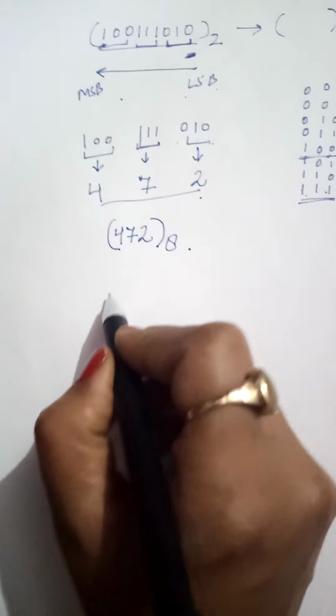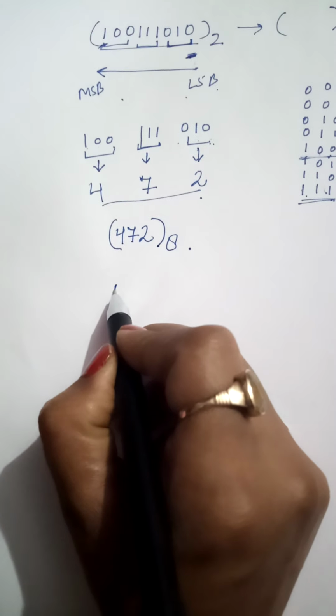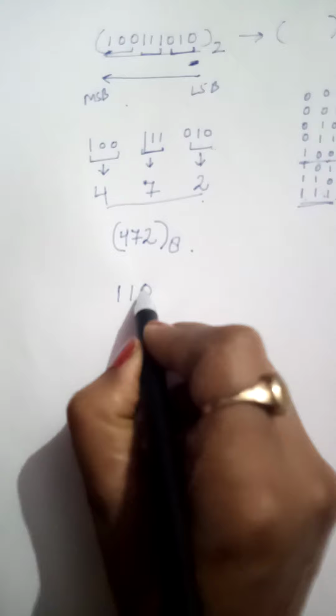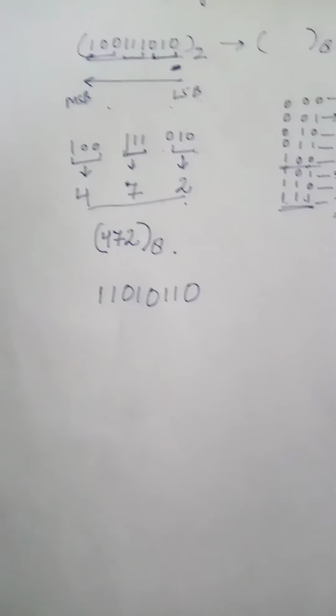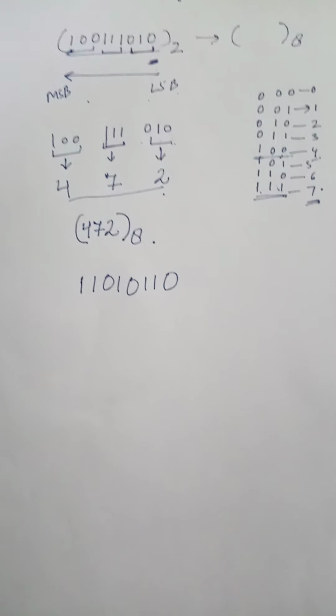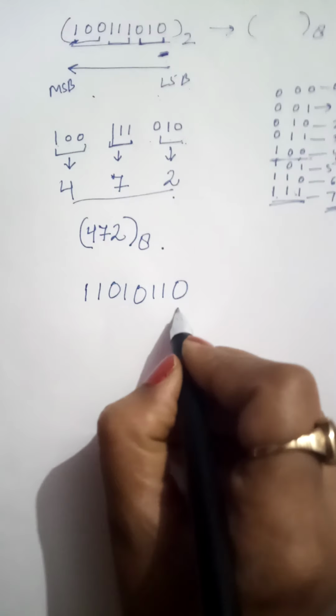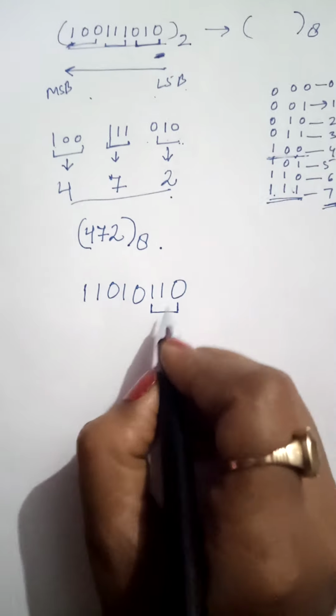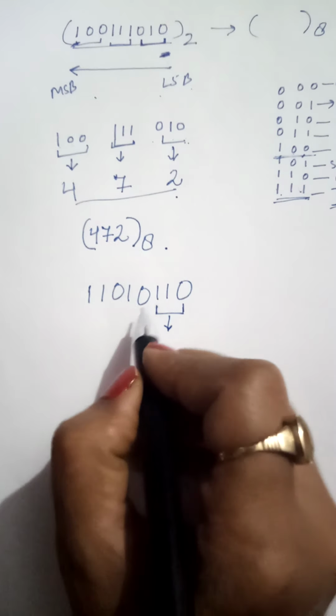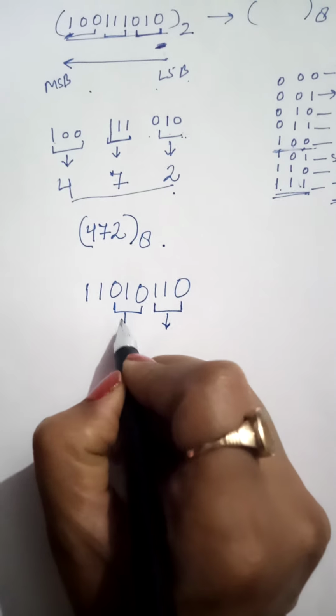Now suppose this number is given 110 10110, and you have to convert it to octal. Start making the groups of 3 bits from LSB to MSB. Okay, then this.